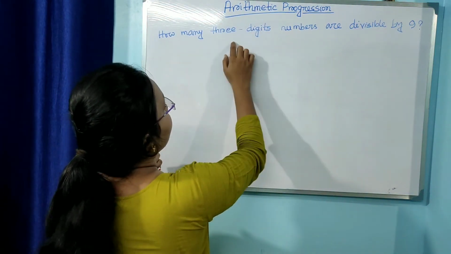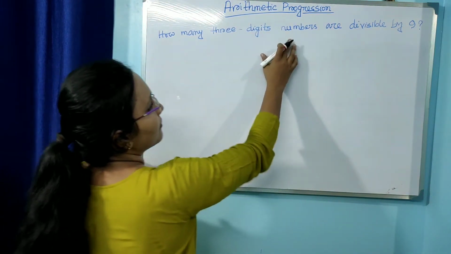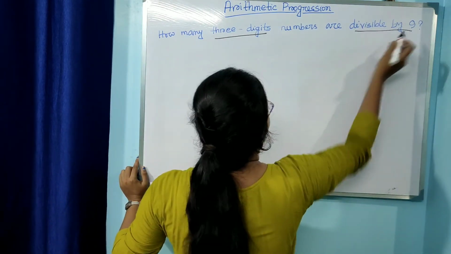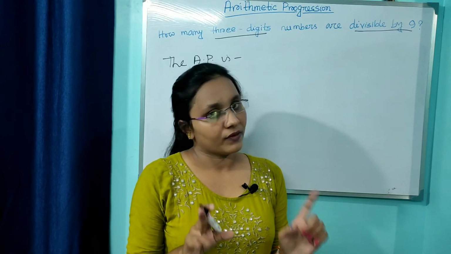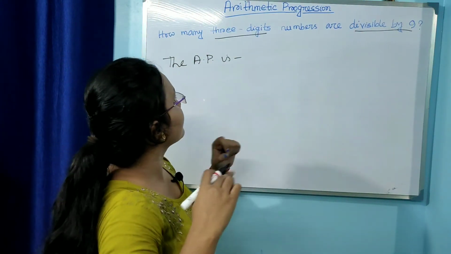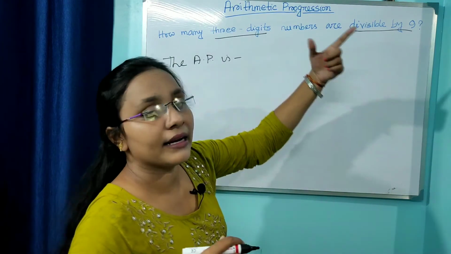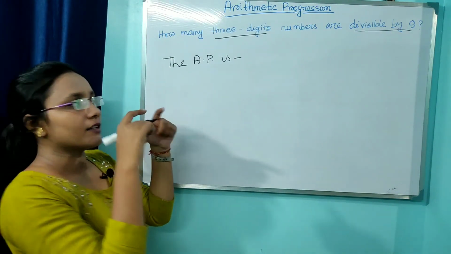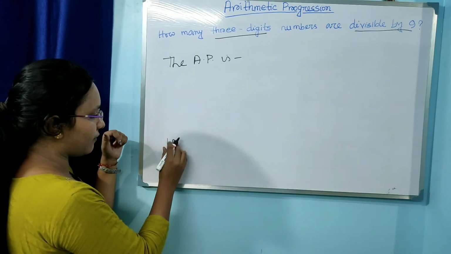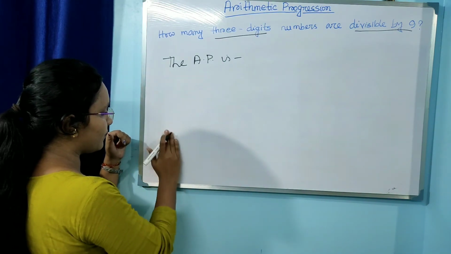Now, how many 3 digit numbers are divisible by 9? So 3 digits and divisible by 9. Clearly it will be an AP. So the smallest 3 digit number which is divisible by 9: 9 elevens are 99, 9 elevens is not 100. So 9 twelves are 108.